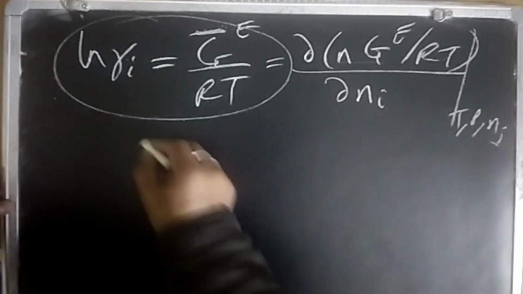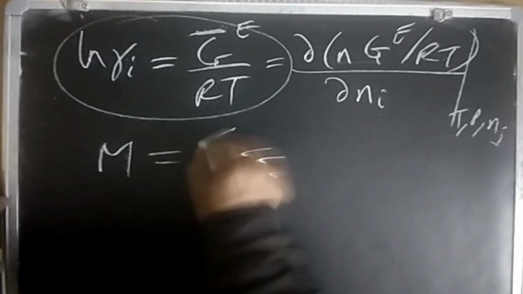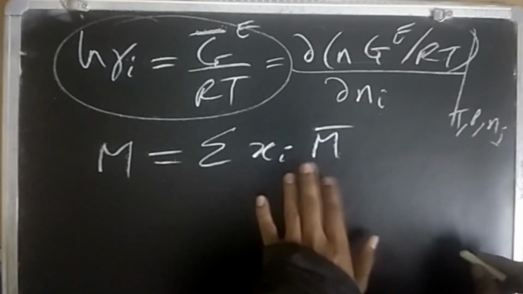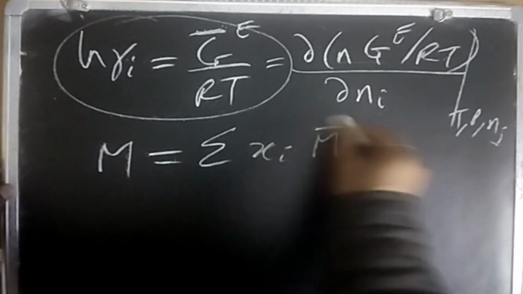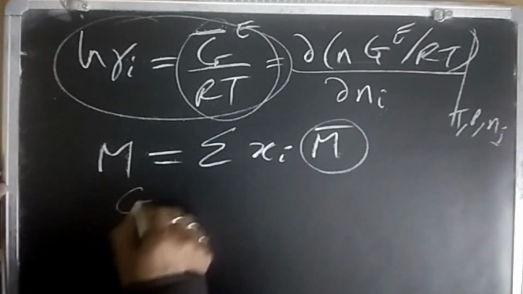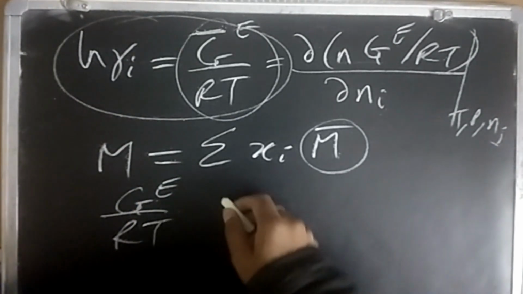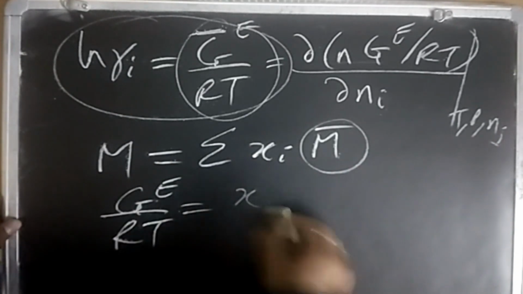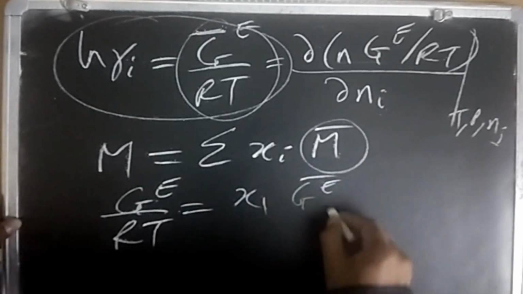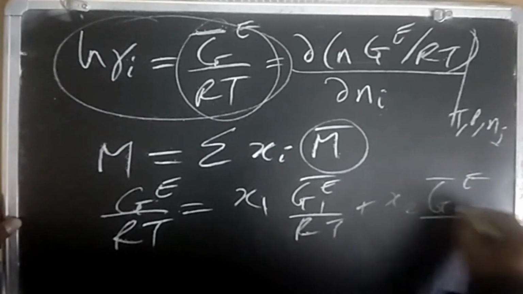We also know that the total molar property is the sum of xi into the partial molar property. So we can write that the total molar property Ge by RT, the partial sign gone, is, let's say it's binary, x1 into Ge bar 1 by RT plus x2 Ge bar 2 by RT.